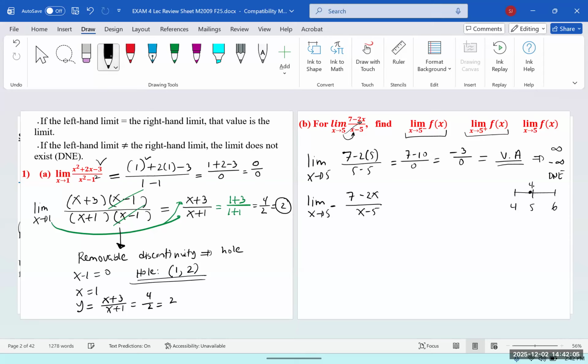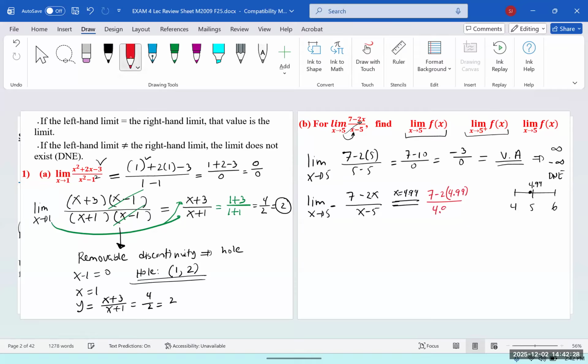For example, x equals 4.99. And then you substitute 7 minus 2 times 4.99.